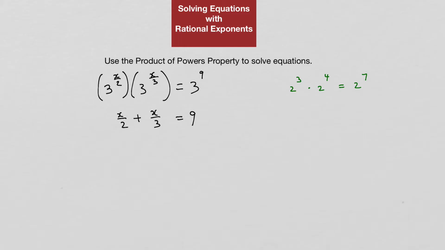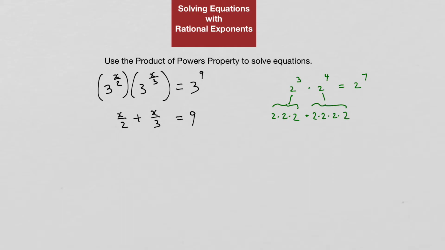And just in case you want to understand how this works, we're going to go ahead and rewrite 2 to the 3rd as 2 times 2 times 2. So that's 2 to the 3rd times 2 to the 4th, which is 2 times 2 times 2 times 2.